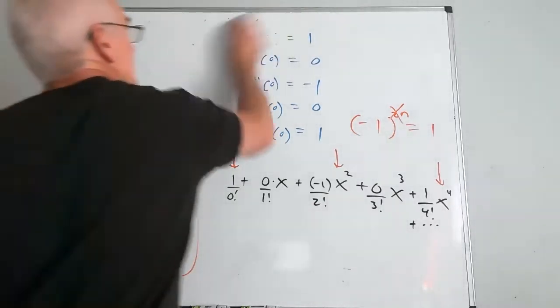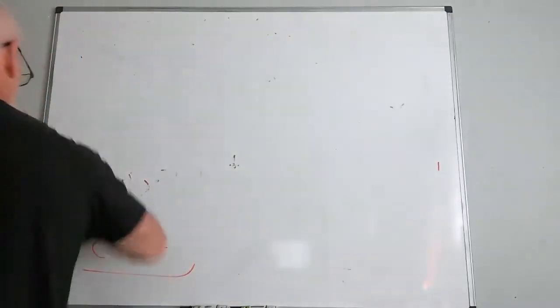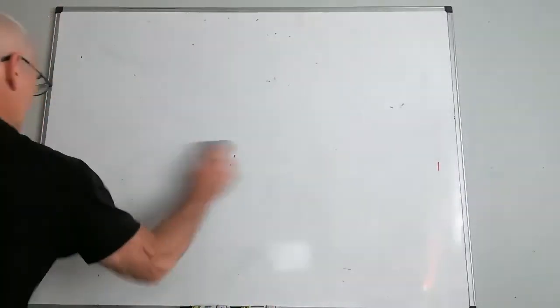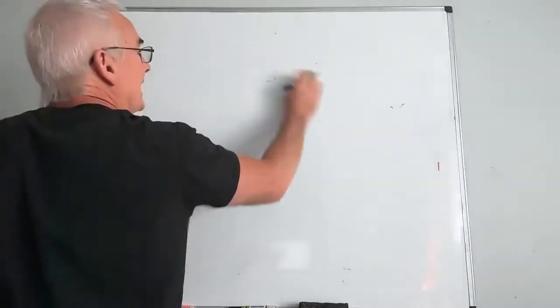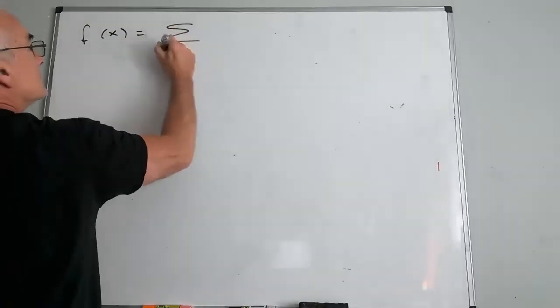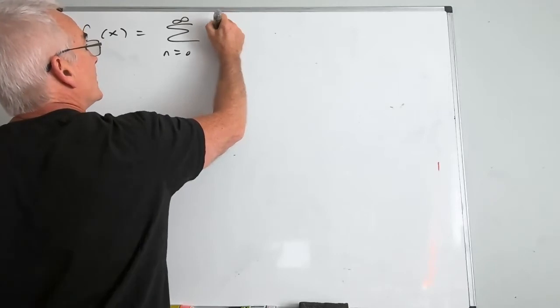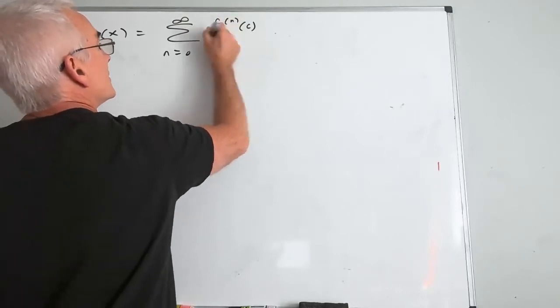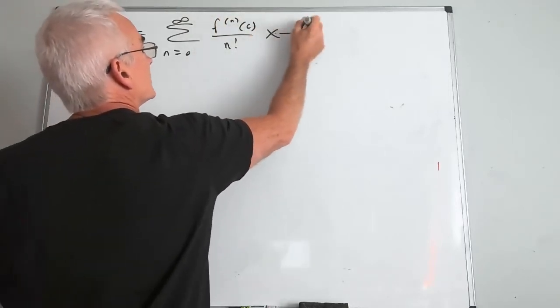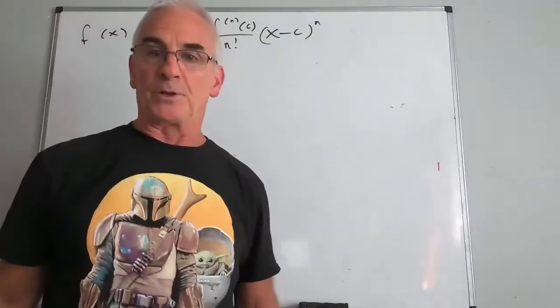I want to do a different one. Let's suppose, and I'm going to show you why this can be so powerful. Now, the Taylor series, I'll write it the formal way. What if I only want a polynomial of a particular degree?